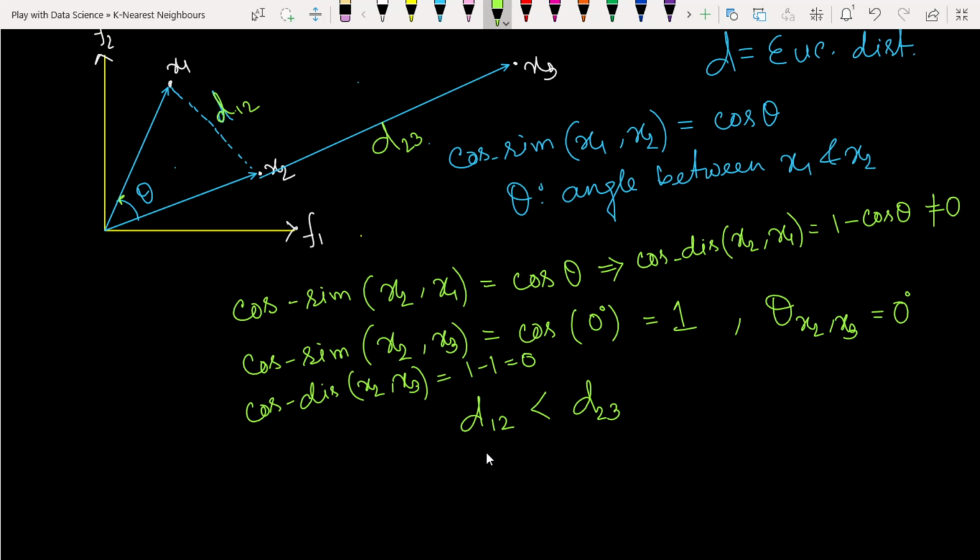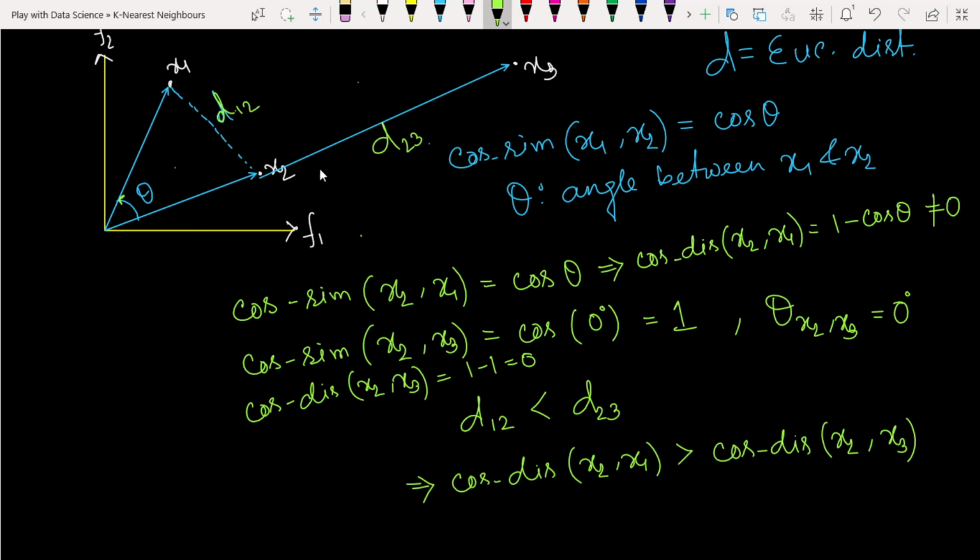So what do we get? This implies that our cosine distance of x2 and x1 is greater than the cosine distance of x2 and x3. Now we see the relationship between Euclidean distance and cosine distance.